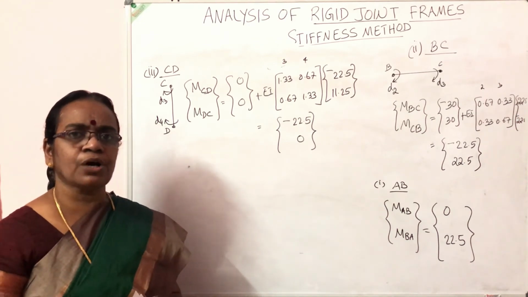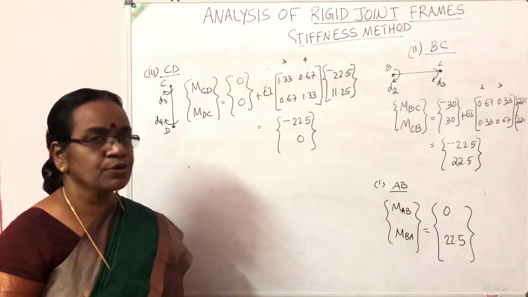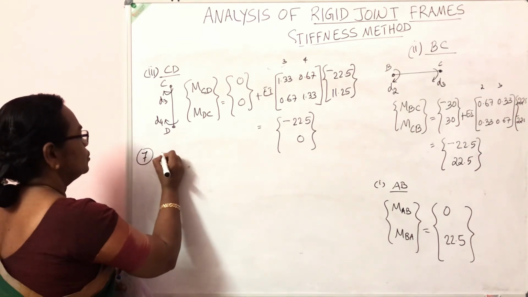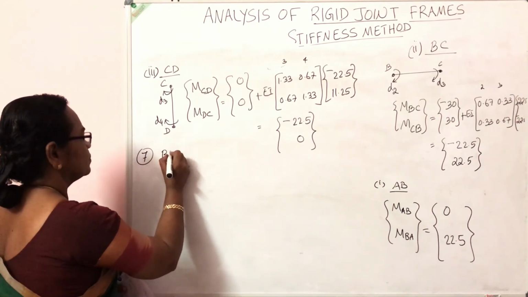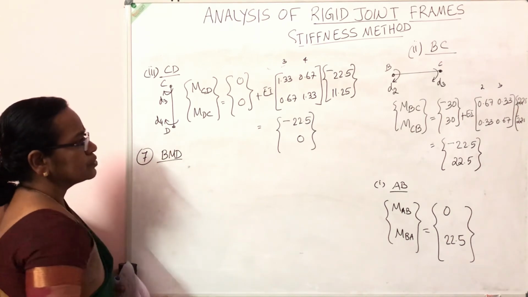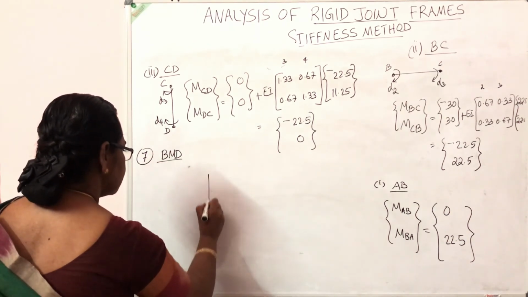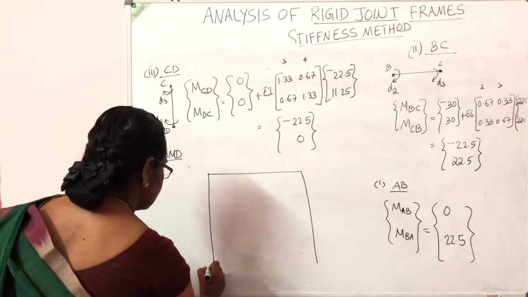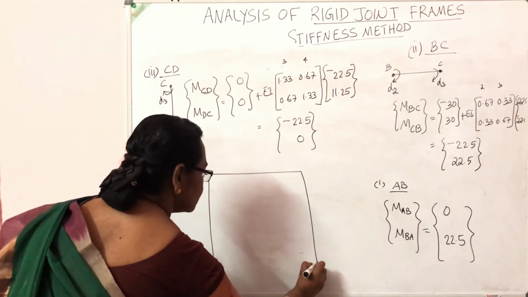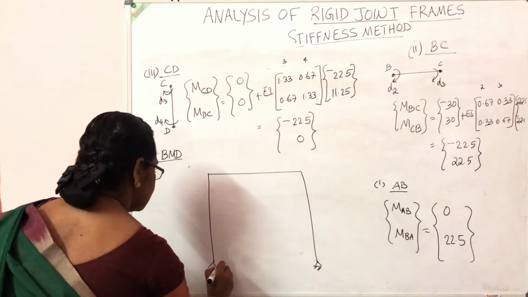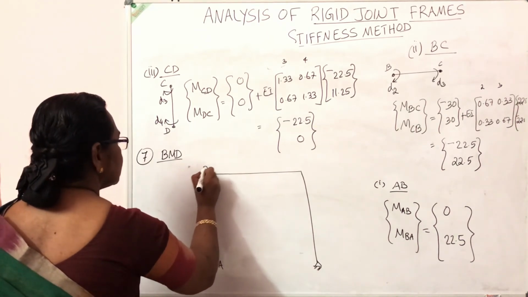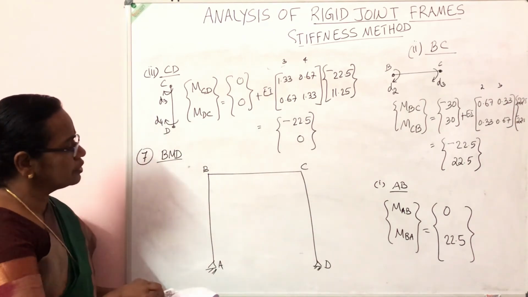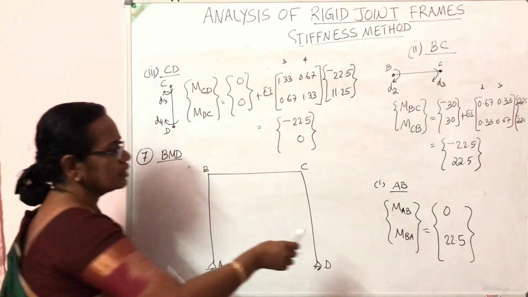The last step is to draw the bending moment diagram based on the obtained values. So for that you draw the frame A, B, C, D. Consider the first element AB.